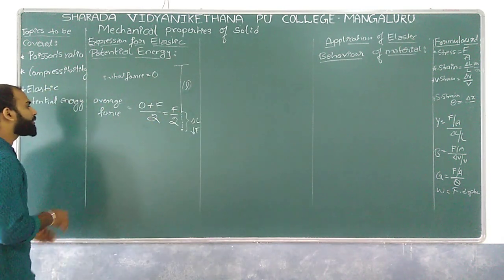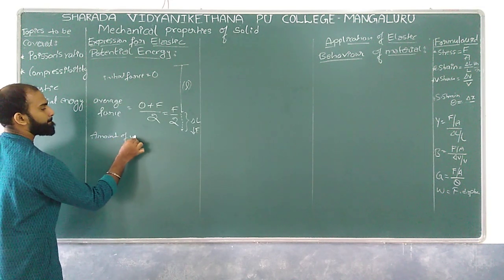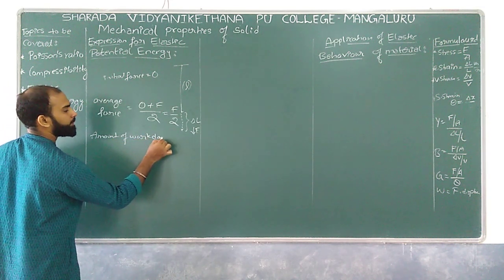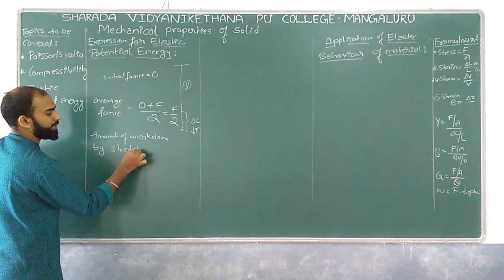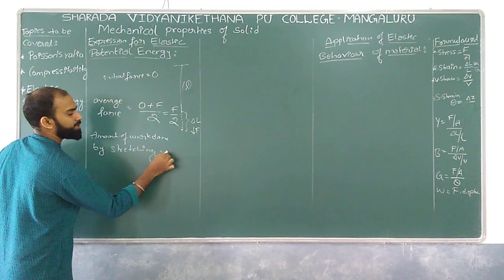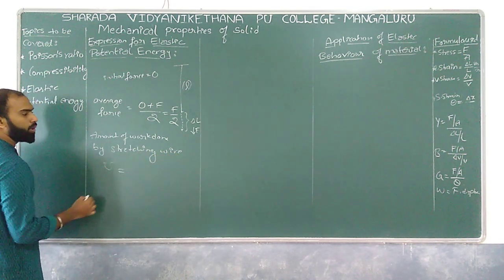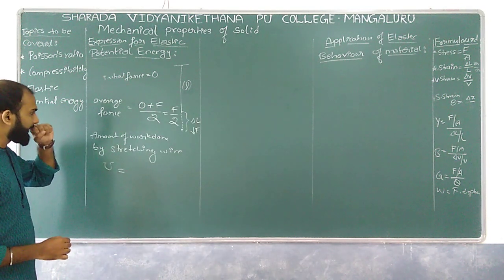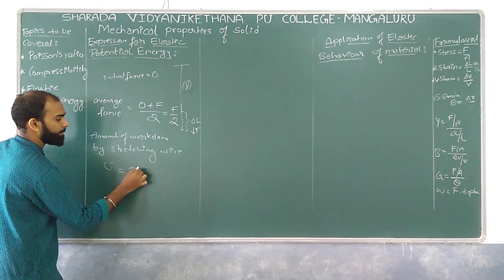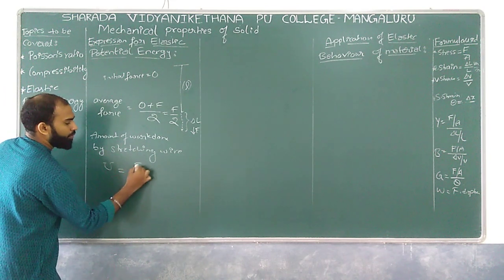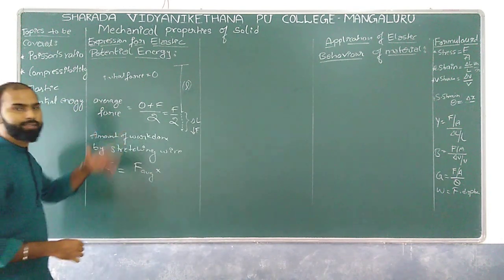So the work done by stretching the wire, U, which is the potential energy or amount of work done, is equal to average force into increase in length.